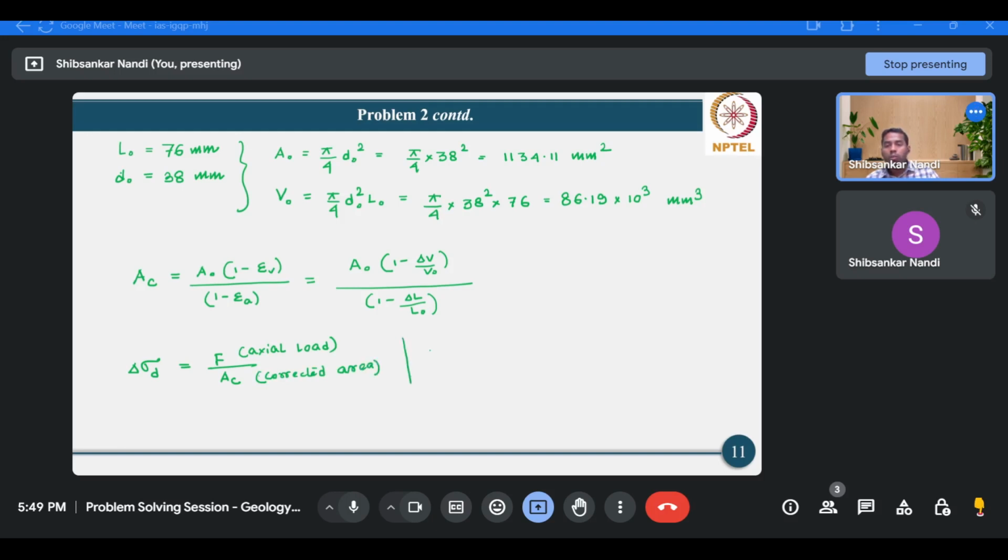Therefore, the major principal stress would be sigma 3 plus delta sigma d. This is for the total stress.